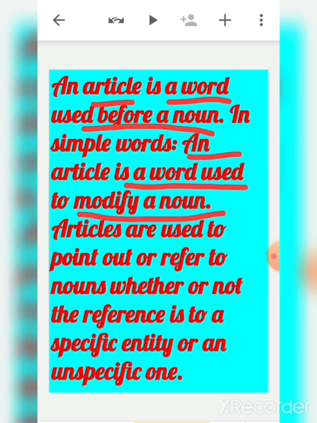Articles are used to point out or refer to nouns, whether the reference is to a specific, particular entity or an unspecific one.